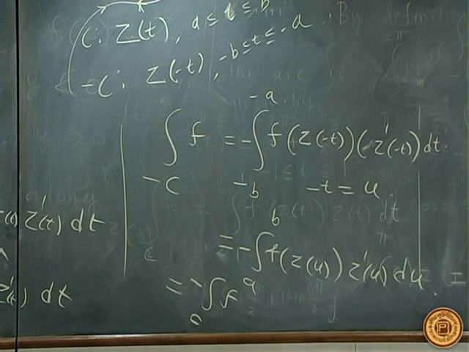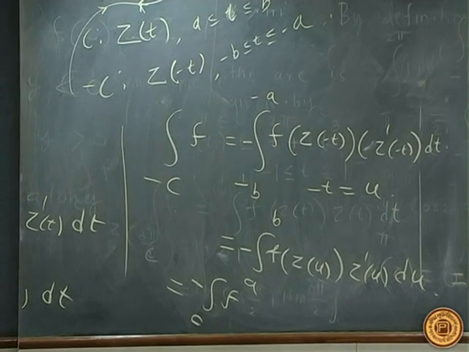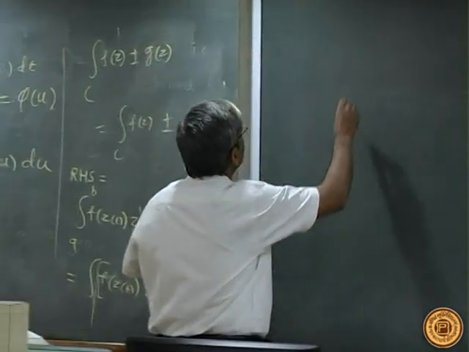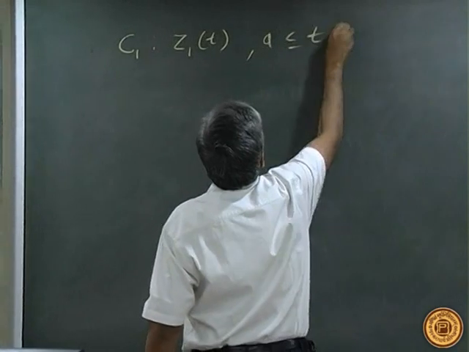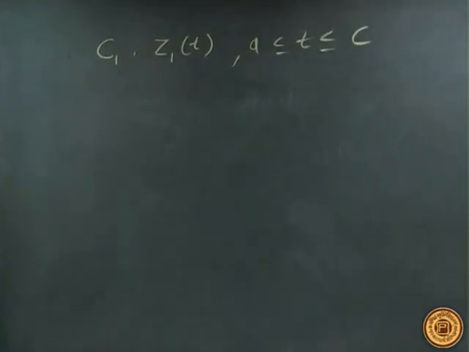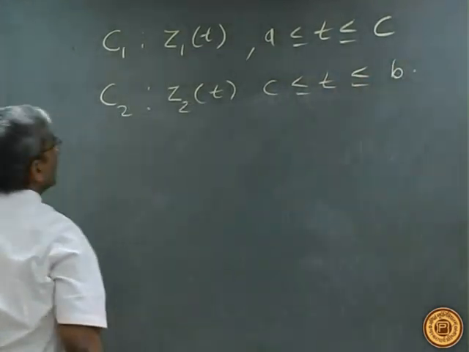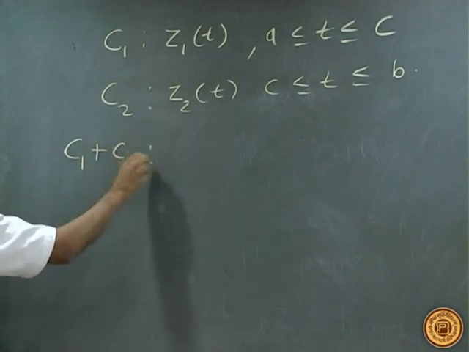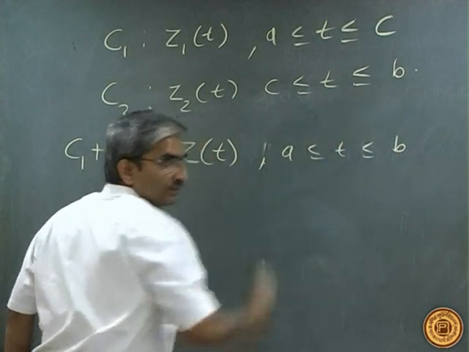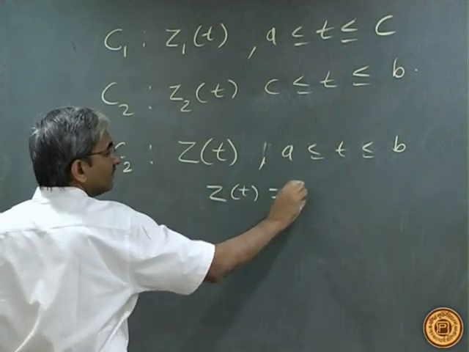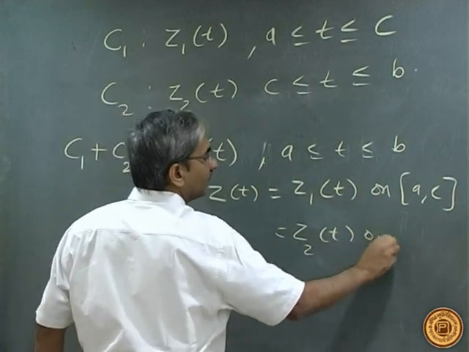So if C1 is the contour z1(t), a ≤ t ≤ c, and z2(t) is for c ≤ t ≤ b, then we have defined C1 plus C2 as z(t) on a ≤ t ≤ b, with z(t) equal to z1(t) on [a,c] and equal to z2(t) on [c,b].